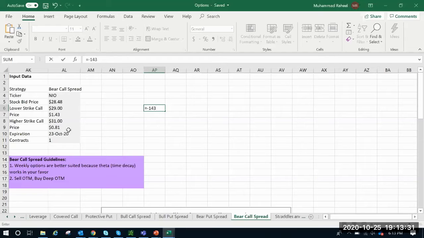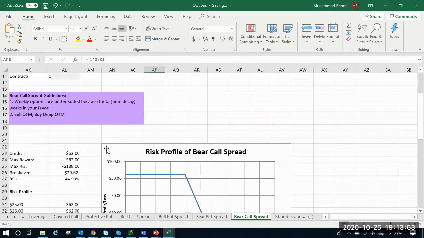You can't just sell it and forget about it, because in that scenario, the losses could be very high. So you cap it on the top, and you buy an offsetting position, which is a higher strike call at 31. And for that, you actually have to pay the $81. So you take that into account. So you collect $62 before this whole thing starts. So that's the starting point.